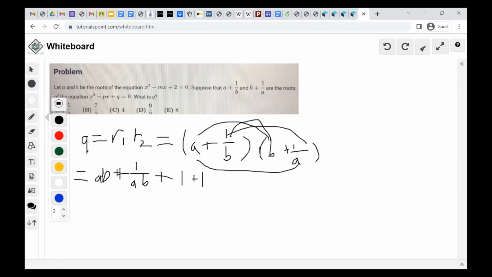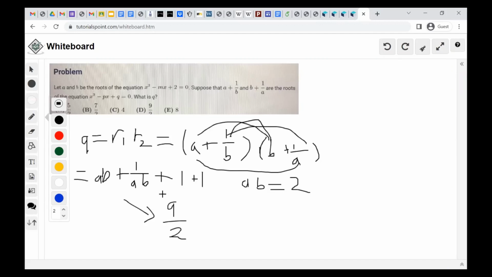Now we want to find what ab is. But a and b are the roots of this polynomial, and by Vieta's formulas, the product of a and b is 2. So ab equals 2. Plugging this in for q, we get 2 plus 1/2 plus 1 plus 1, and we get 9/2.